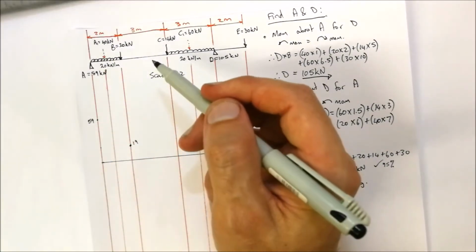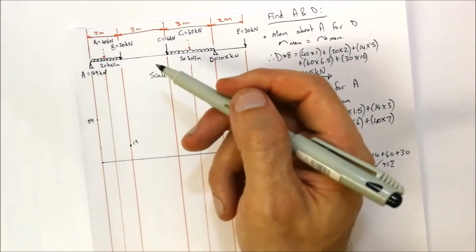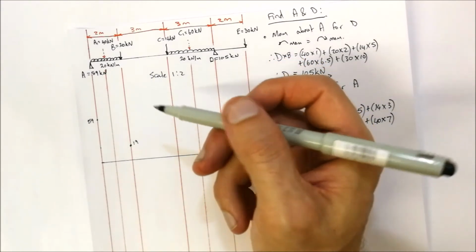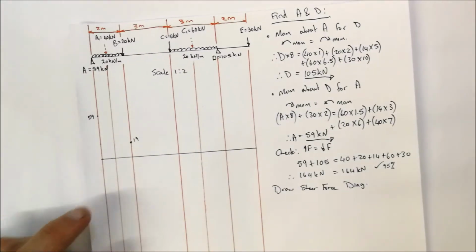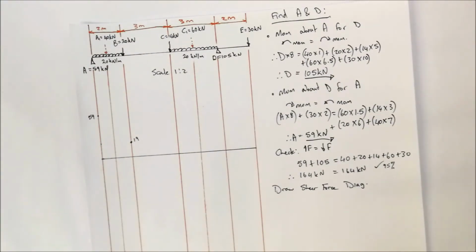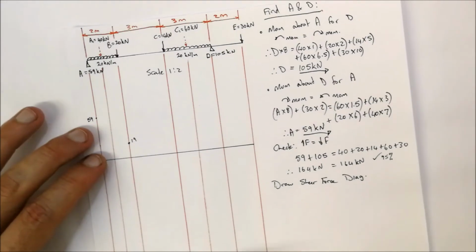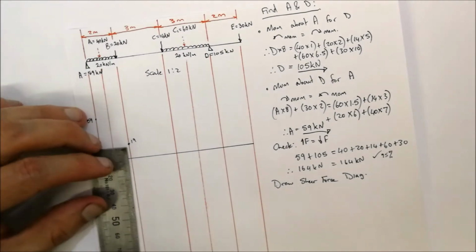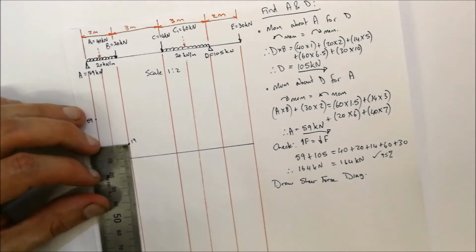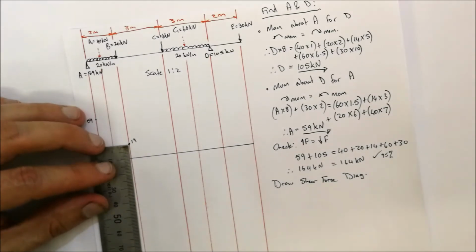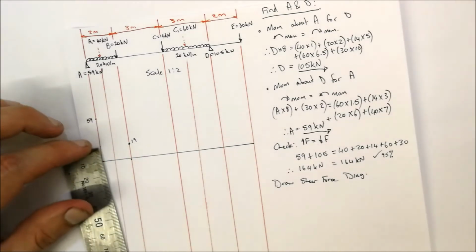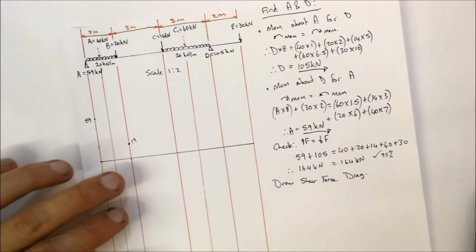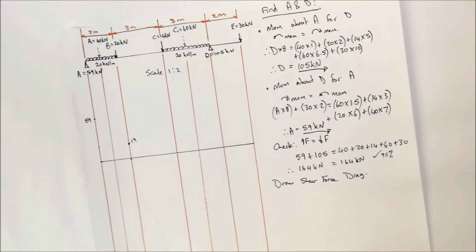Okay, right, so now that we've done that, we see at B there's 20 kilonewtons acting downwards. So that 20 kilonewtons we've got to now project downwards as well. Keep in mind that would be from there, and we'll be just going half a millimeter below the line over there.